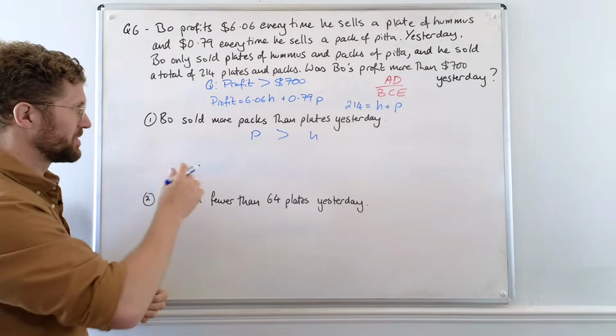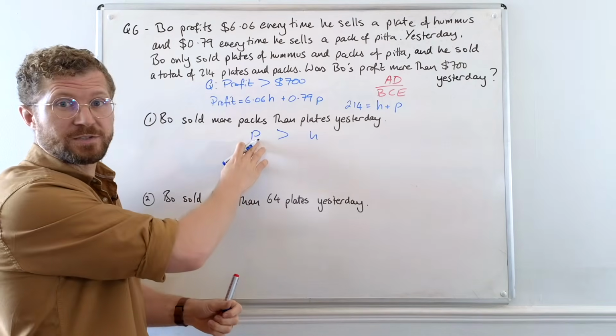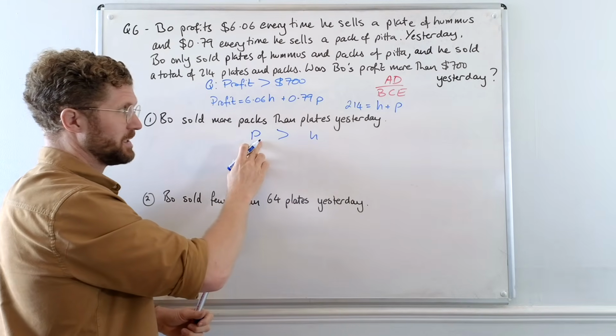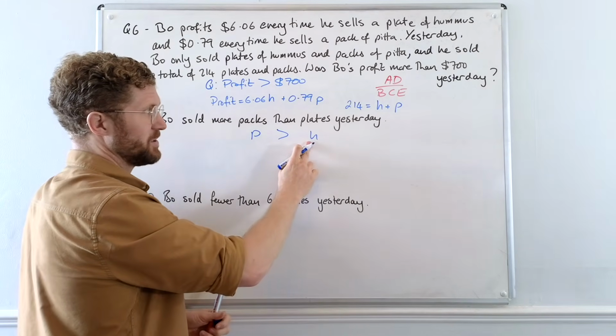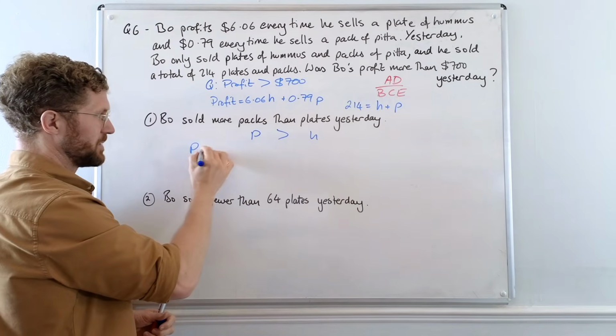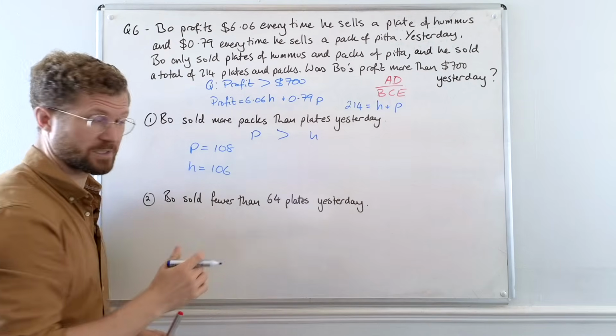So the first thing I want to look at is what will happen when P is as small as possible. The smallest P can be, and still be bigger than H, and still have H plus P equal 214, is when P is 108 and H is 106.